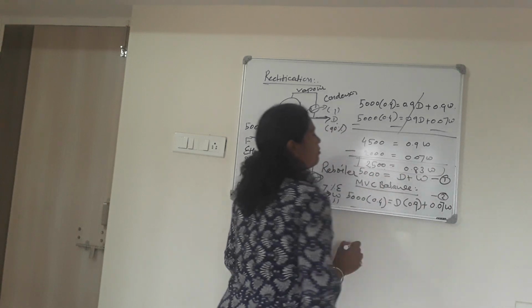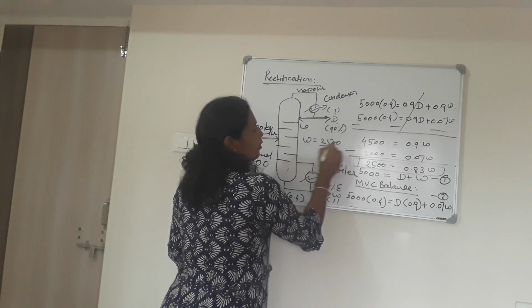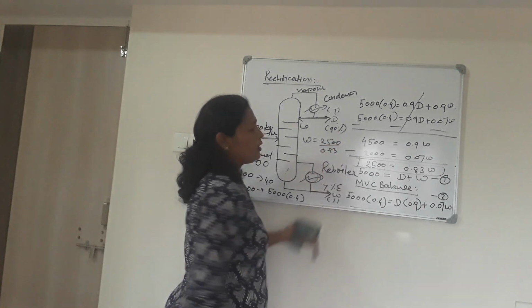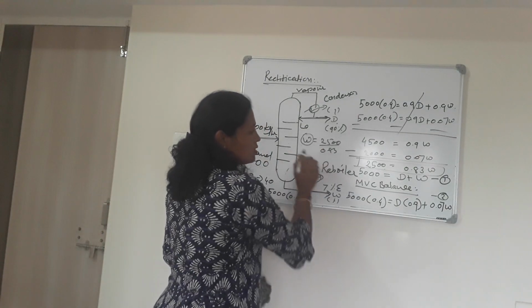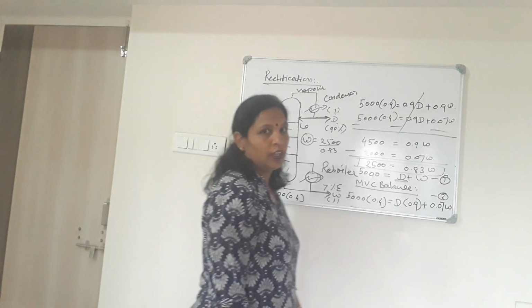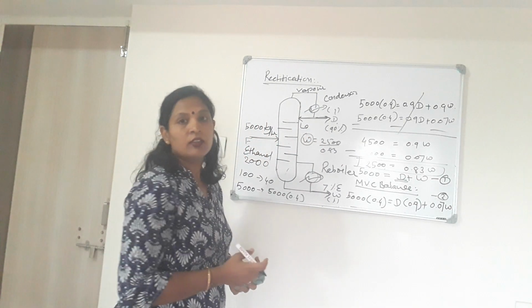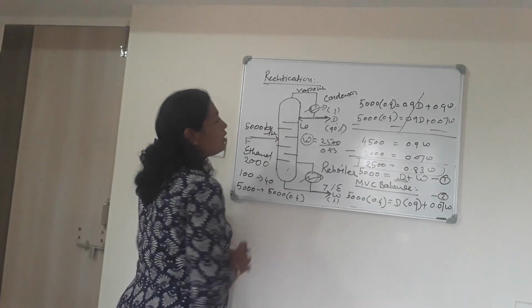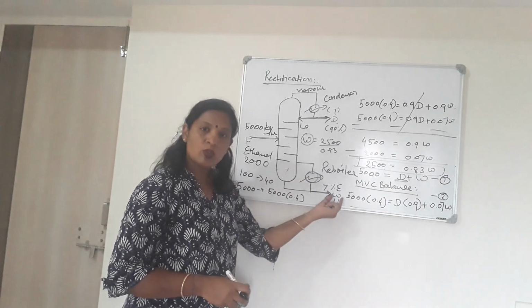Solve this equation: W is equal to 2500 upon 0.83, and this will give you the value of W. Put the value of W in the first equation and you will get the value of D. Okay, so this is the way, using the equations, we can find the amount of distillate and residue in a distillation column.